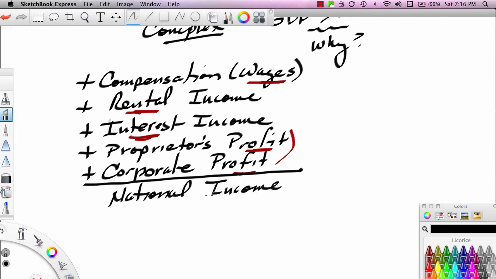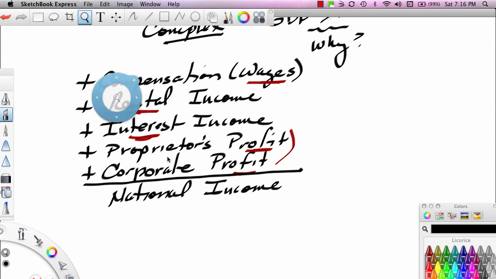Now, again, in theory, GDP measured the expenditure approach, C plus I, A plus G plus X minus M, should equal national income, but in practice, they don't equal.